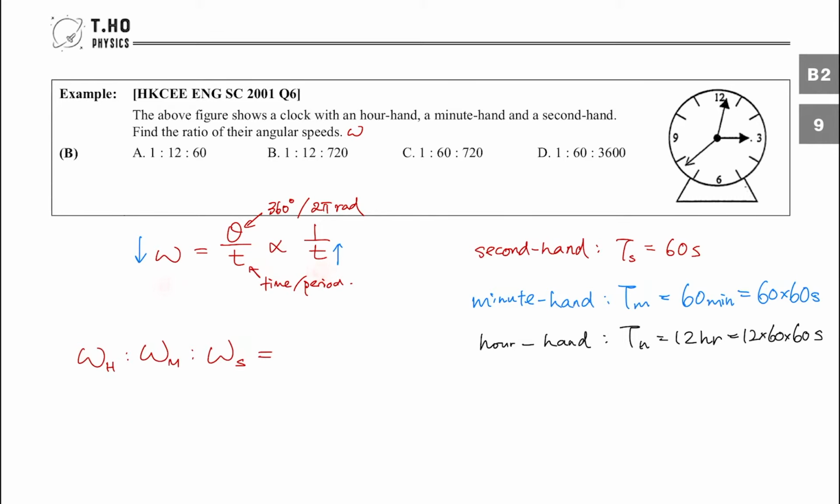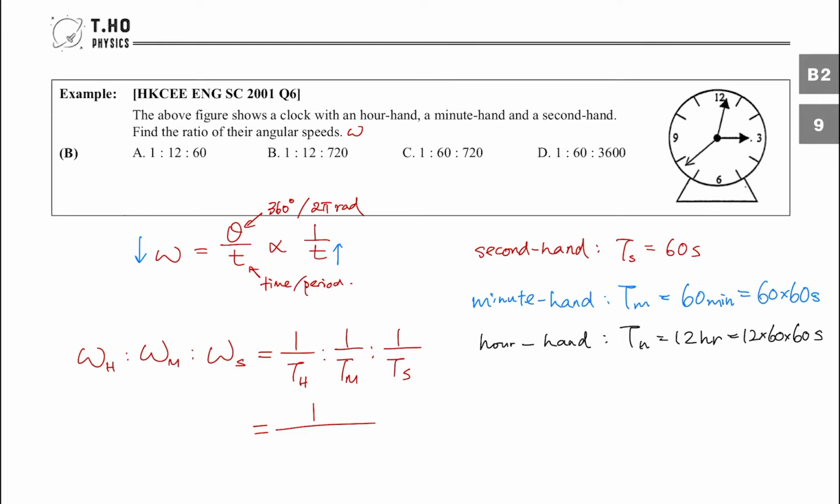Because omega is inversely proportional to the time, it will become like this. It will be equal to 1 over Th to 1 over Tm to 1 over Ts.